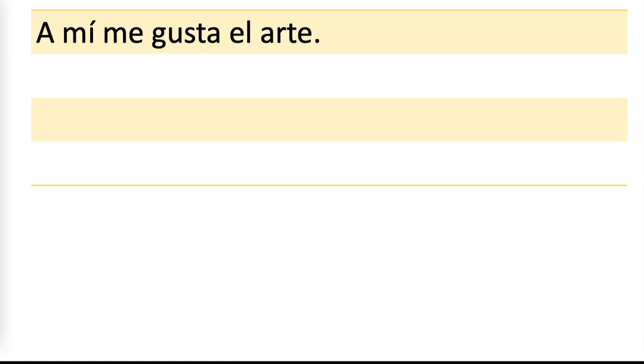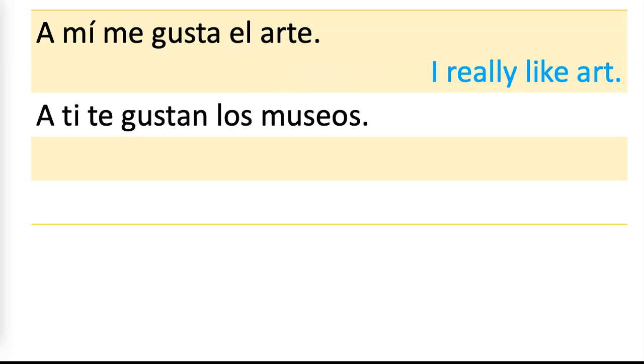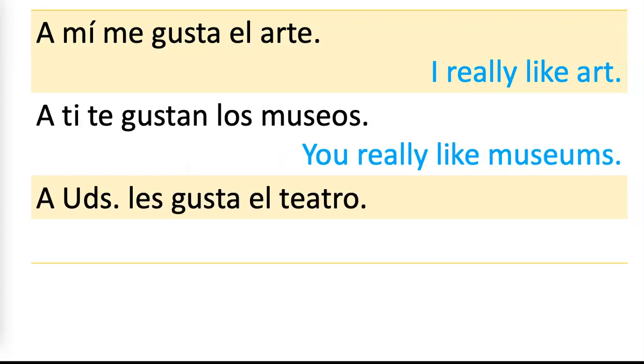Let me show you what I mean. A mí me gusta el arte. I really like art. Or literally, me, I like art. I'm the one who likes art. A ti te gustan los museos translates to you, familiar, really like museums, or as if we're pointing, you're the one who likes museums.